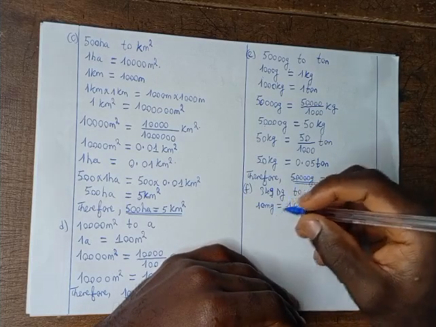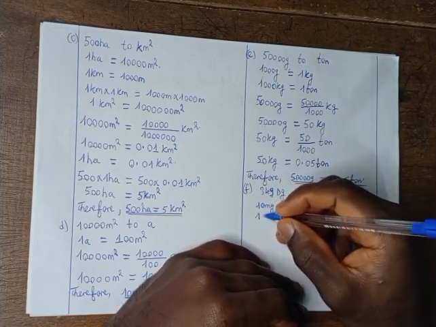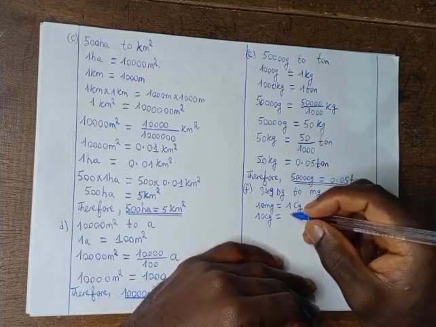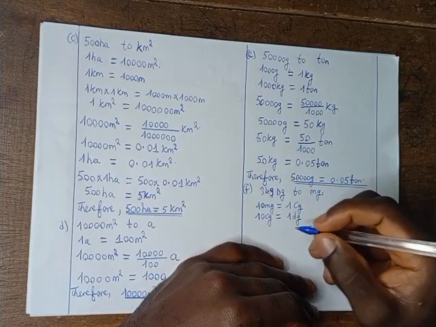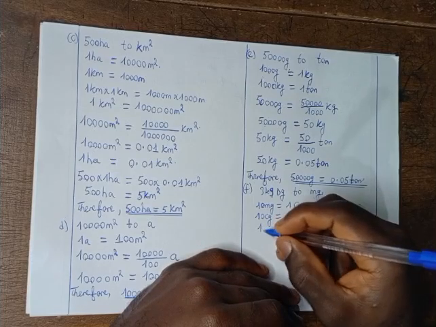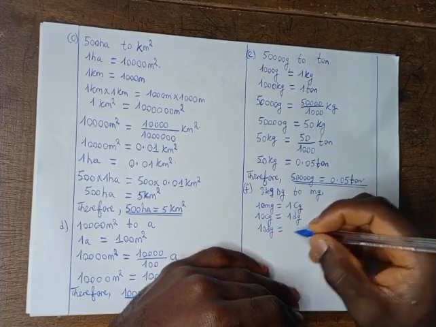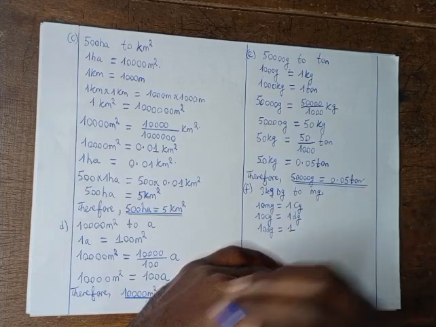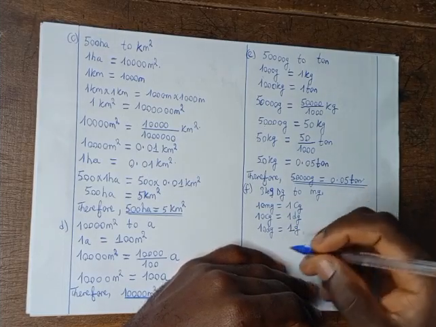Next, we know that 10 centigrams is equal to 1 decigram. Next, we know that 10 decigrams is equal to 1 gram.